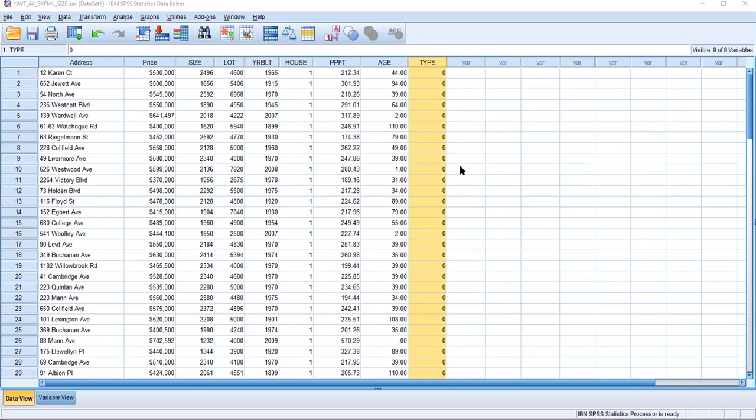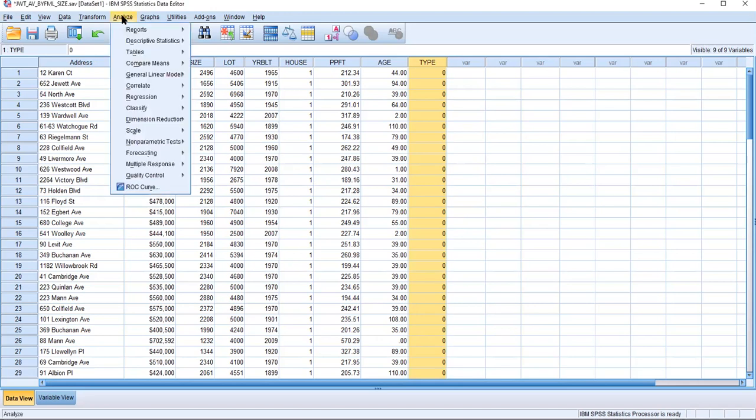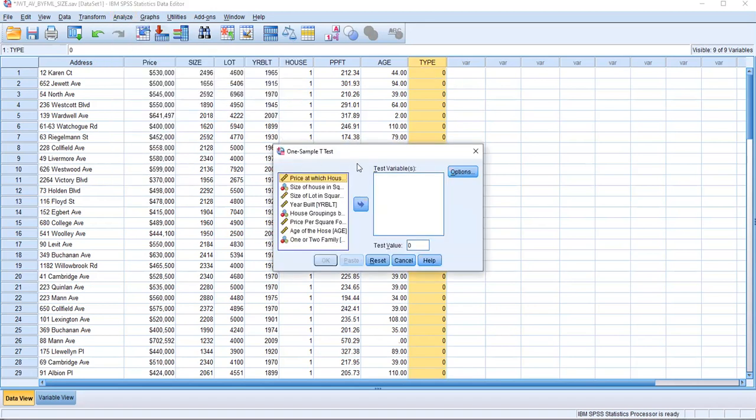How do you do analysis using SPSS? The first step is to analyze. You say analyze, and then you compare means. All right. Because we are testing just one variable, we're not differentiating between one group and another. We say one sample t-test. We click on it, one sample t-test, and we are testing the price at which house is sold.